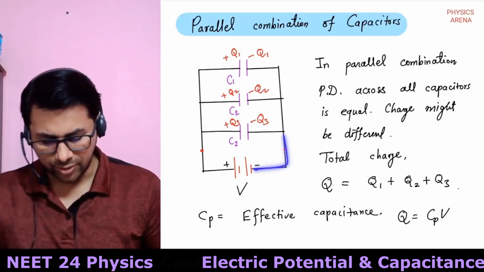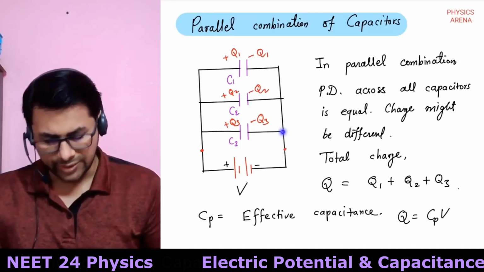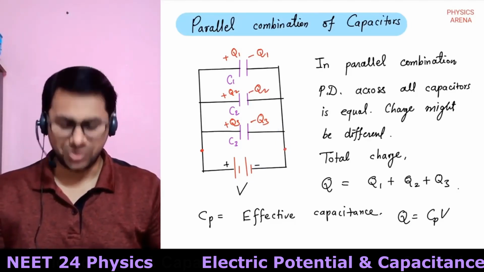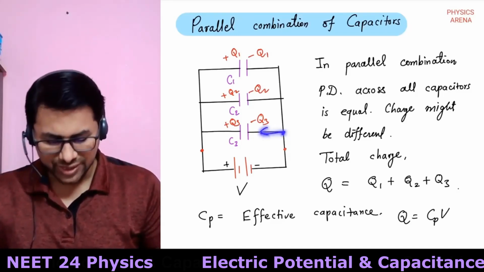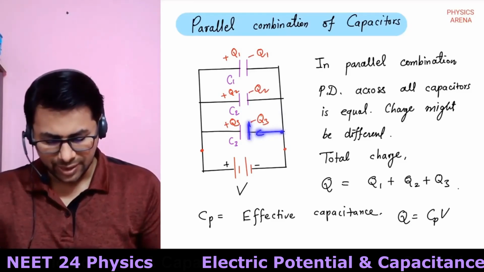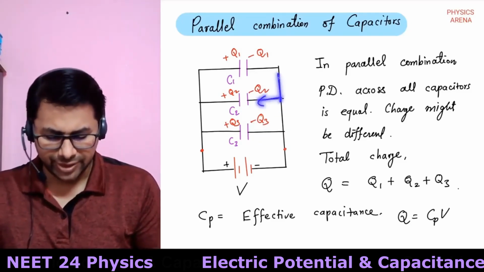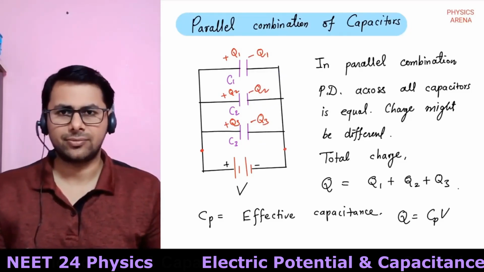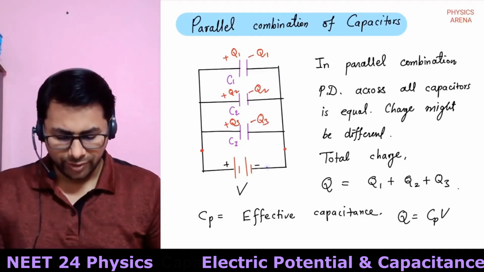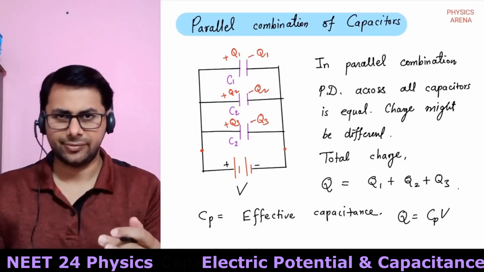Now, some charge comes out of this plate. There are two ways at this point, two paths along which the charge can move. Some charge will enter this plate, some charge will go till here, and again it gets split into two parts. So whatever charge comes out of the battery gets distributed in three capacitors.